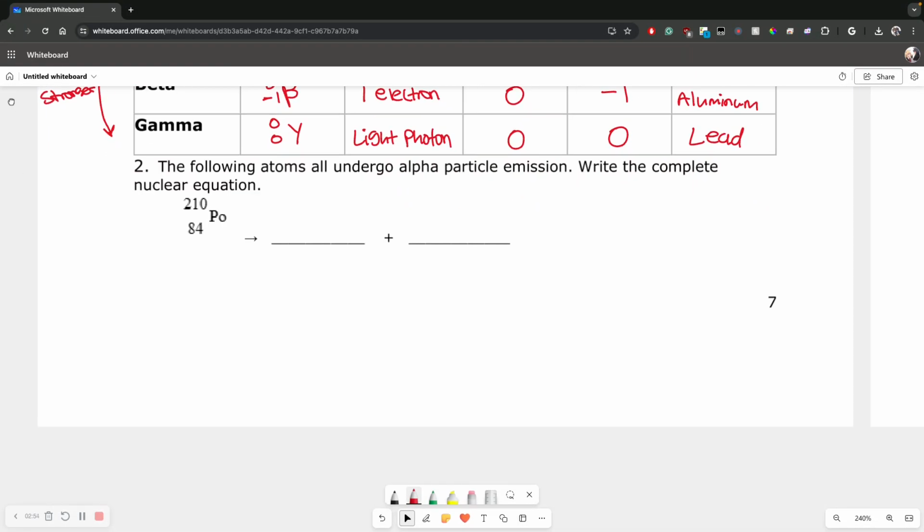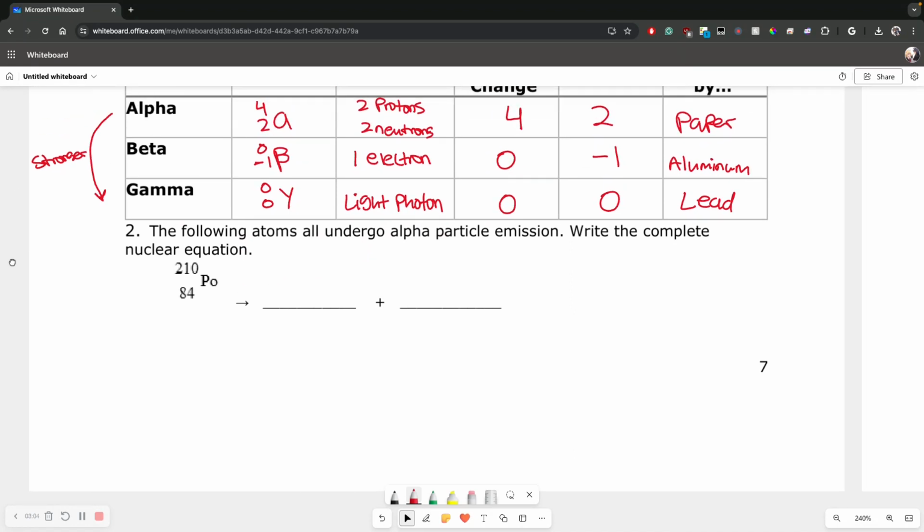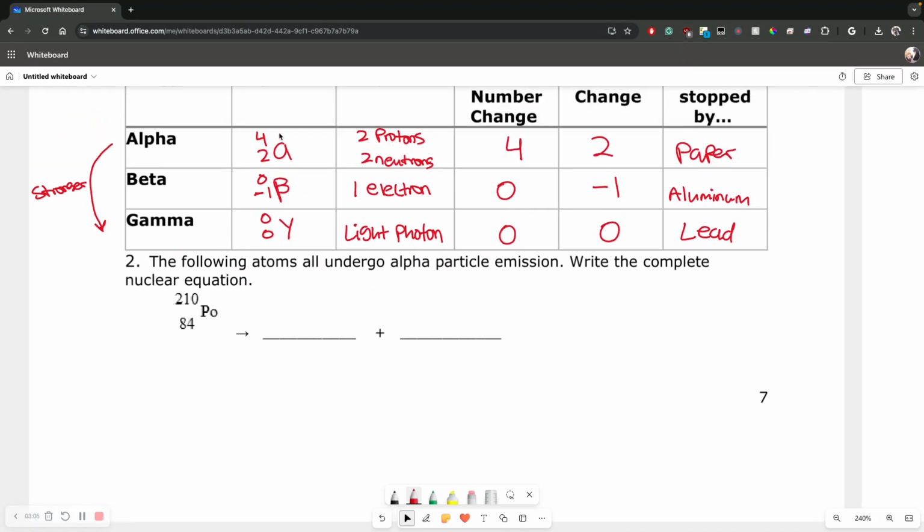Moving on to question 2. The following atoms all undergo alpha particle emission. Write the complete nuclear equation. So what did we say the alpha particle was? Well, we're going to have 4, 2, alpha. And remember the law of conservation of mass.